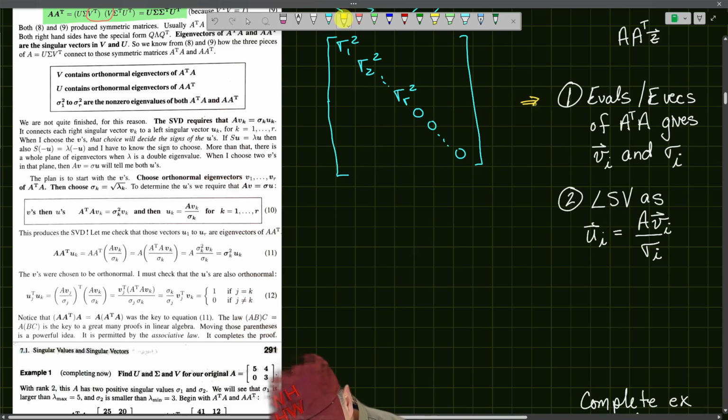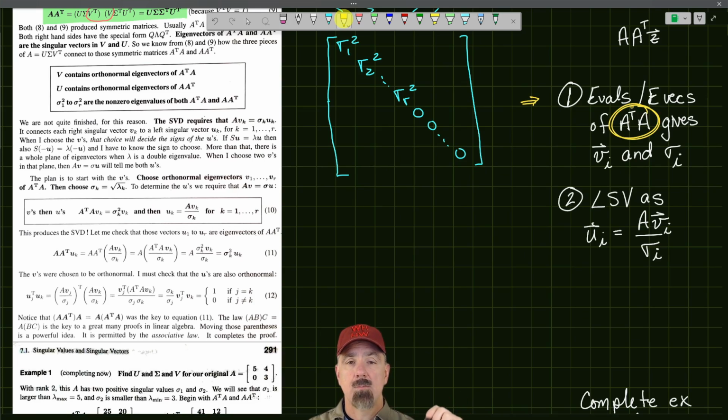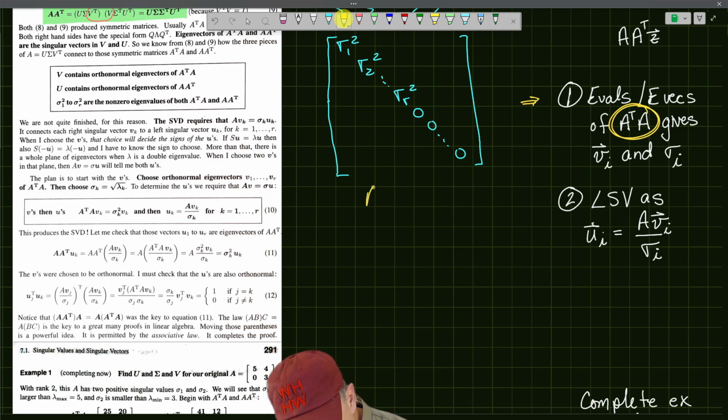The first thing we're going to do is build A transpose A. And we're going to solve the eigenvalue problem associated with A transpose A. What that's going to give us are the right singular vectors. So solving A transpose A is going to give us eigenvalues and eigenvectors in the following way.